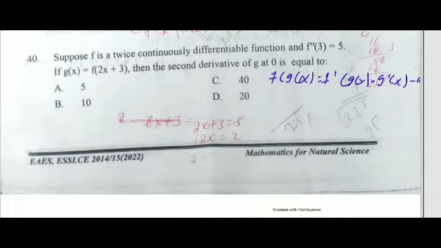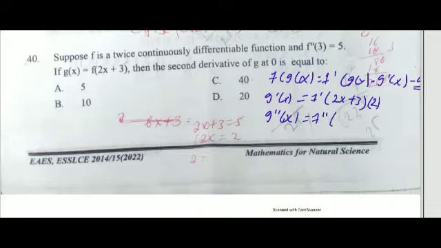This is the chain rule. So g derivative of x is equal to f derivative of 2x plus 3, and the internal derivative gives 2, so times 2. Then the second derivative of g is equal to the second derivative of f at 2x plus 3, times 2 to the power of 2, which is 4.